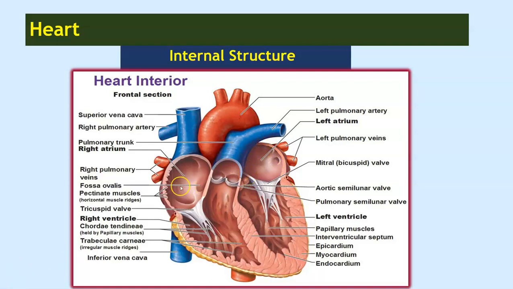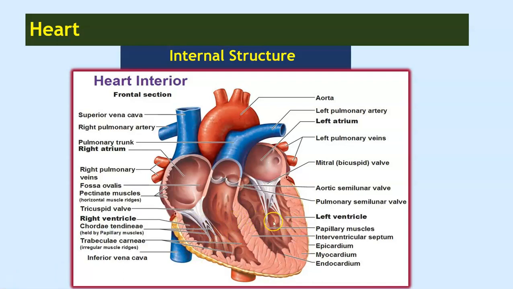Now students, both these atria open into their respective ventricles by the atrioventricular apertures. Now these openings are guarded by the tricuspid valve in the right atrium and the bicuspid valve in the left atrium. Now all these heart valves help in maintaining the unidirectional flow of the blood and they prevent the backflow of the blood.